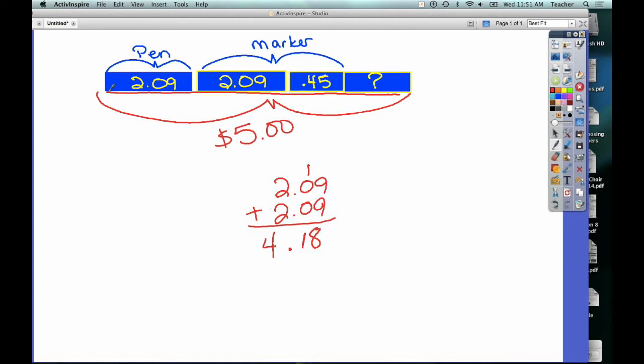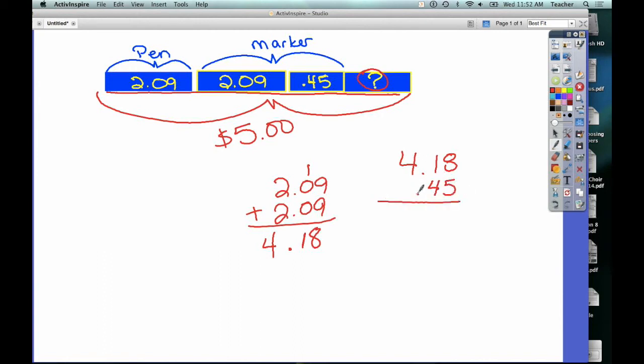And our goal is to find out how much money we have left to get up to that $5. What else do I need to add to that number? What do you think? What else do I need to add? 45 cents. So we've added the 2. Now we have to add $4.18 plus 45 cents.